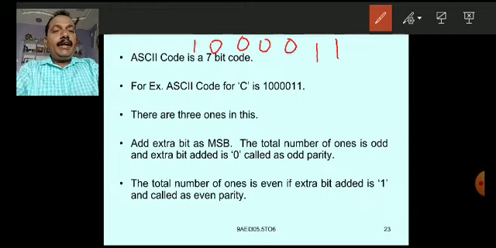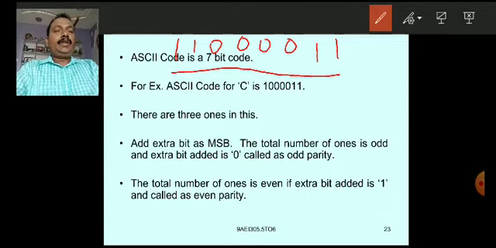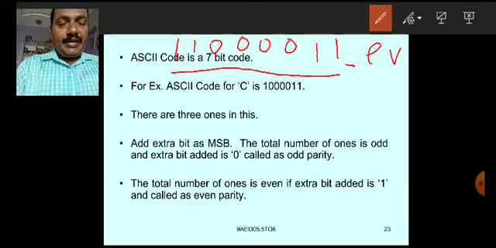That means the parity bit that I add is 1. So this is the total message signal including the parity bit. After adding parity bit 1, how many ones are there? An even number of ones. We have got an even number of ones by adding 1. So this is the even parity method. That means we adopted even parity.